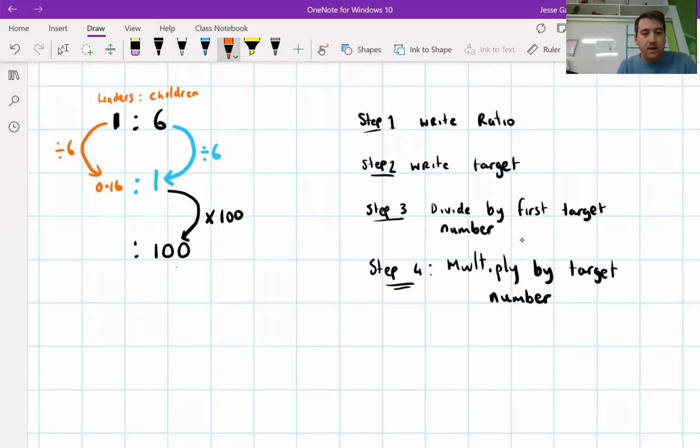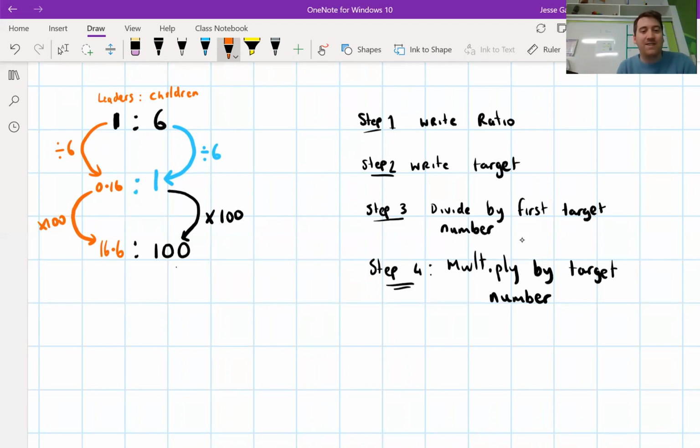And then I'm going to take that number and times it by 100, the same as what I did on the right-hand side here. So that's 0.16 by 100 is going to give you 16.6. Okay, because I do think there was another decimal there that the calculator wasn't showing.